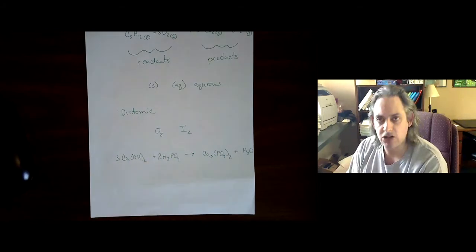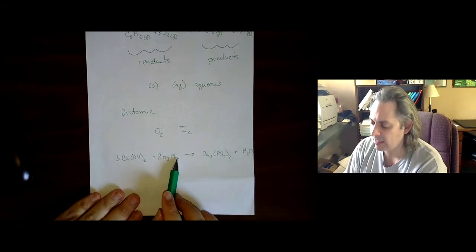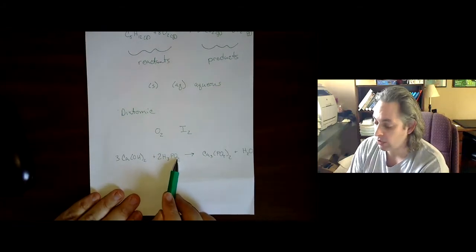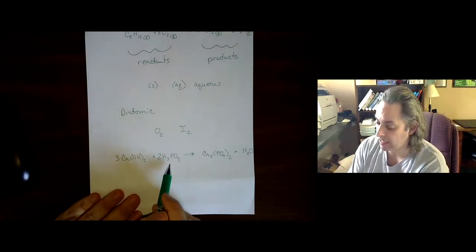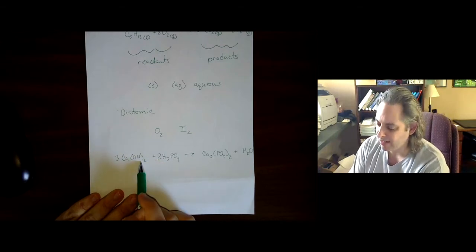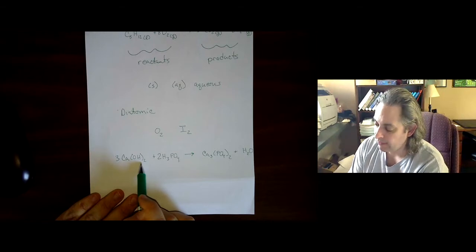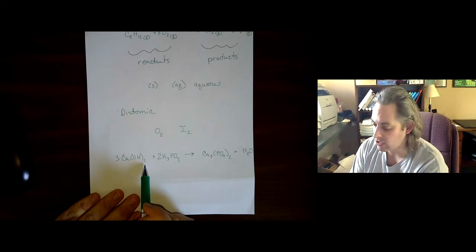Now what about the hydrogens and the oxygens? If we look, we're not going to count these oxygens in this PO4 because we took account of that whenever we grouped the phosphate polyatomic ion together. But we want to look at the hydrogens here. We have 6 hydrogens in this compound, and we have 6 hydrogens over here too, so that gives us a total of 6 plus 6 is 12 hydrogens.